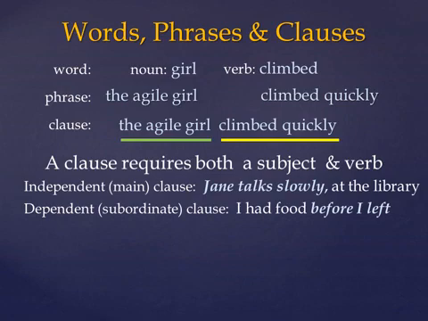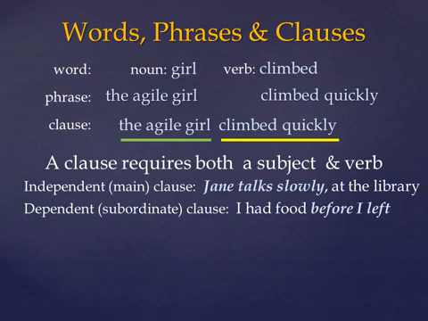An independent clause, sometimes called a main or a finite clause, can stand alone as a sentence in its own right. And you've guessed it, a dependent clause, which is also sometimes called a subordinate clause, only makes sense when it's joined to an independent clause.